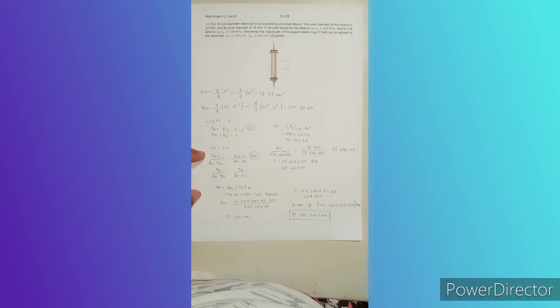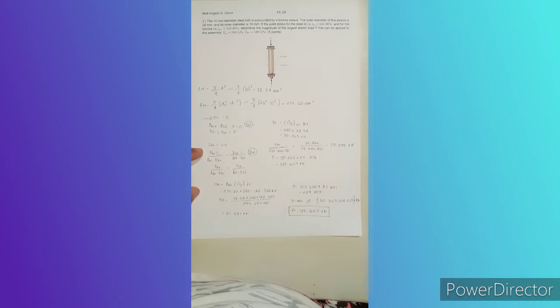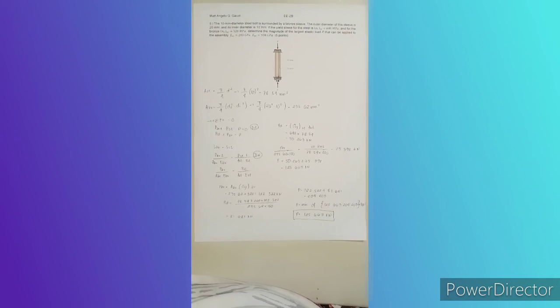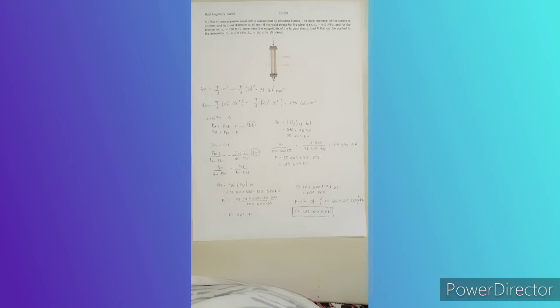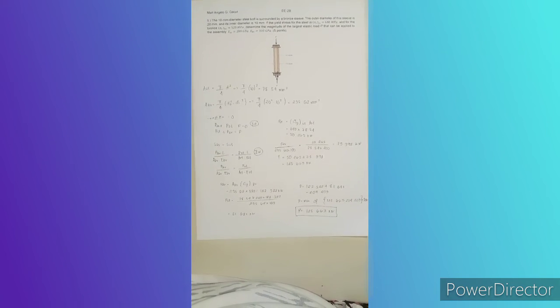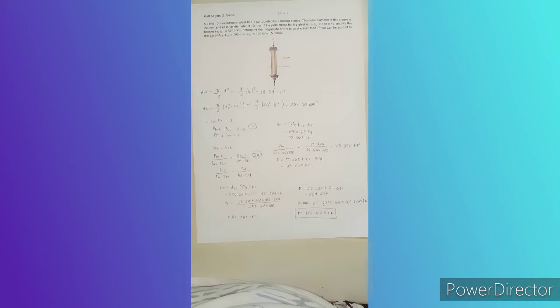So applying to that, PBR is equal to ABR times the shear yield of BR. So is equal to 235.62 times 520 is equal to 122.522 kilonewton.